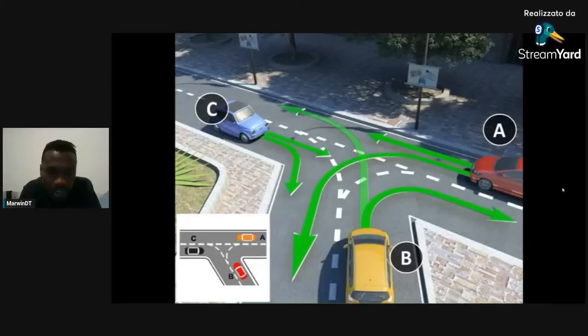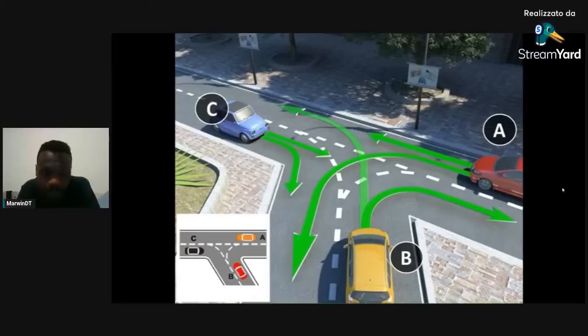The linea discontinua can also be used to design an isola di traffico. Okay, in the middle. So when the line is spaced out in this manner, what are the directions that the vehicle B can go?